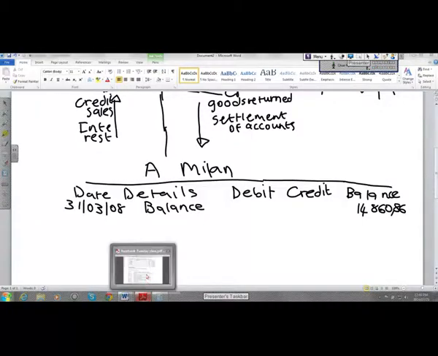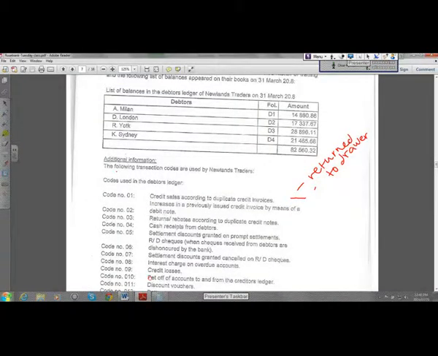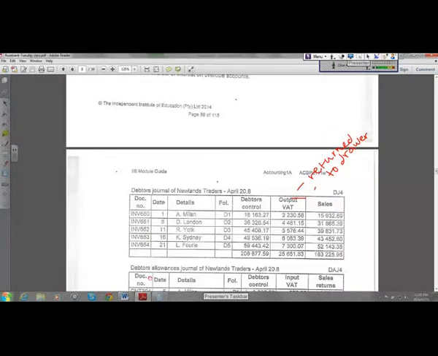There we go. All right, so that's why the lesson I gave to you initially is very important. You see the debtors journal is saying something to you. Remember, we said in the debtors journal we record credit sales to the customer.